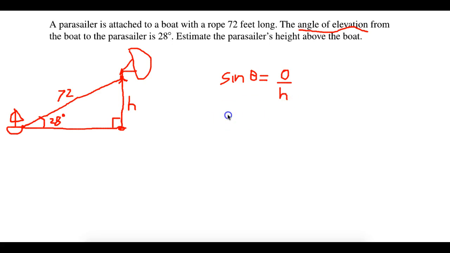The cosine of an angle is the adjacent over the hypotenuse, so A over H. And the tangent of an angle is equal to the opposite over adjacent, so O over A. Those are our three identities. I'm writing all three of them down so you can see which values we use in each function. Then we can look at our triangle, our two sides, and figure out which one we know.